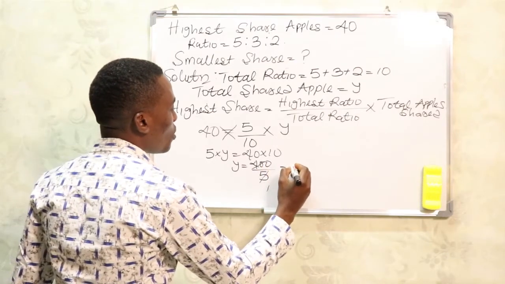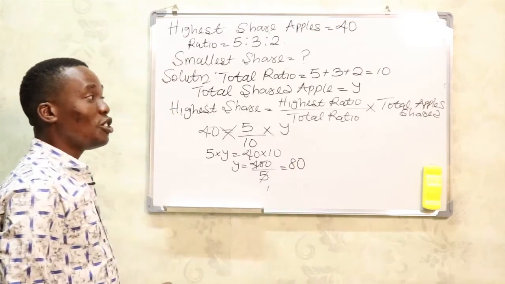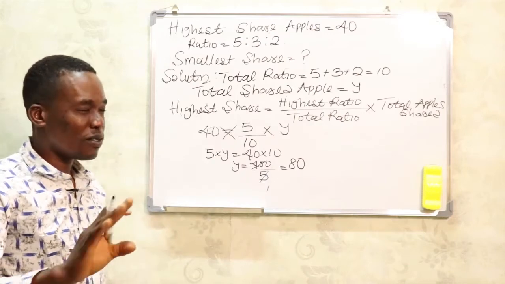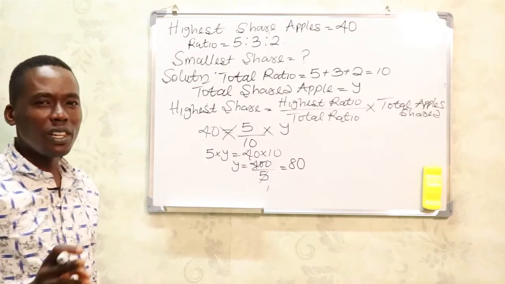Thank you very much. So our y will now be what? 80. Now, do you know that we've gotten the total number of apples? Fine. Are you following? Now let's consider the smallest share.